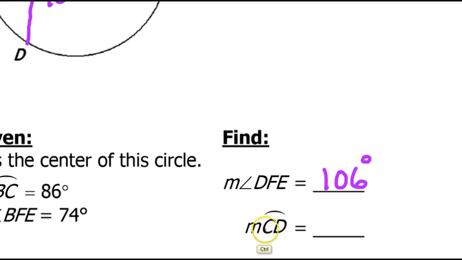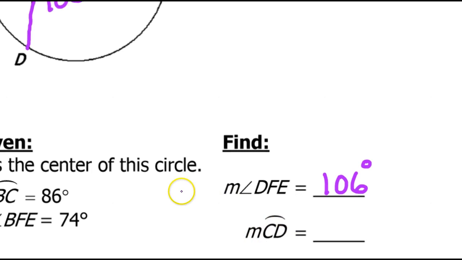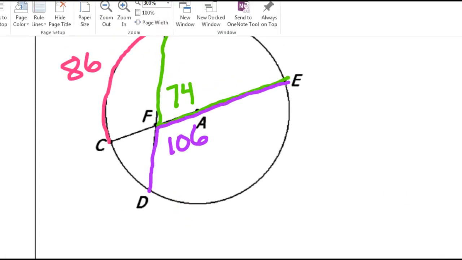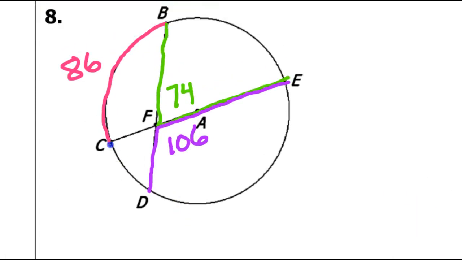Now, they want us to find the measure of arc CD. Okay, arc CD is right here. Okay, they're asking us to find this. I'm going to go ahead and call it X since this is what we are looking for.